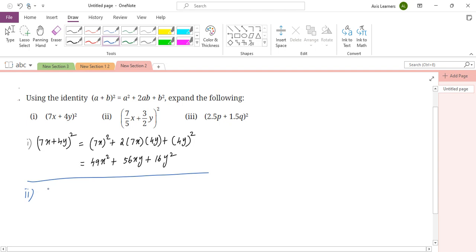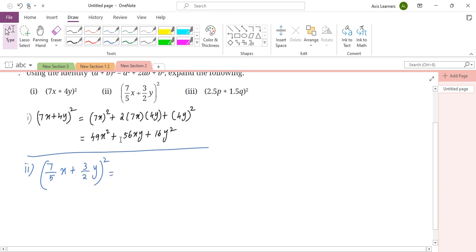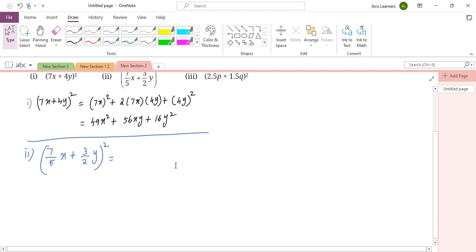See the second question. 7 by 5x plus 3 by 2y the whole square. The previous was integers, 7 and 4 are integers, so easily we did. Here we have rational numbers, p by q format numbers. That is also similar, but we need to multiply carefully.